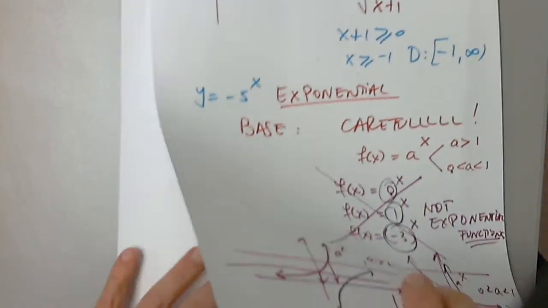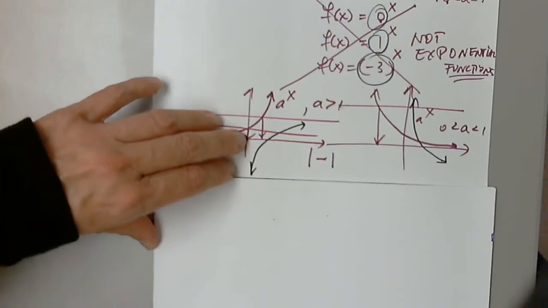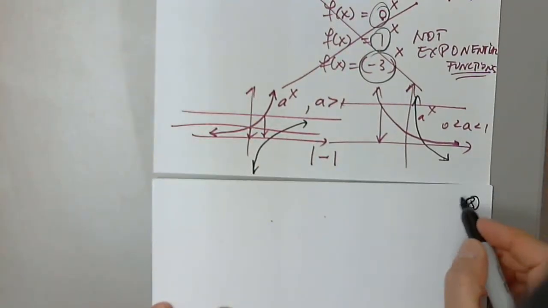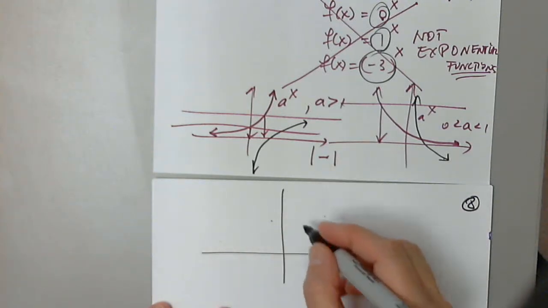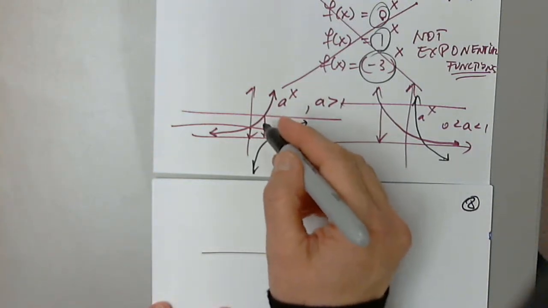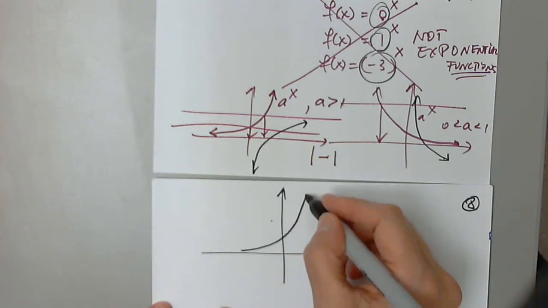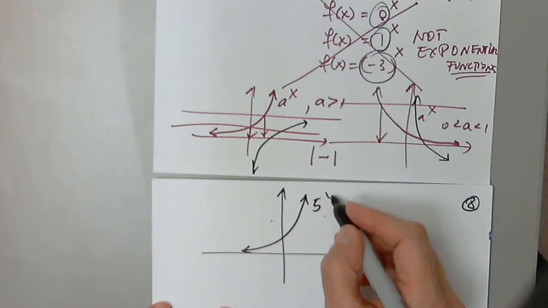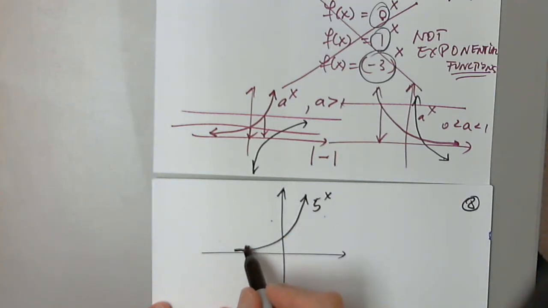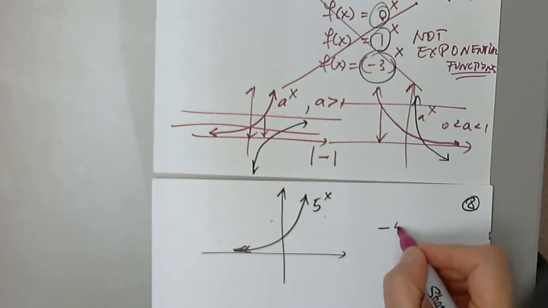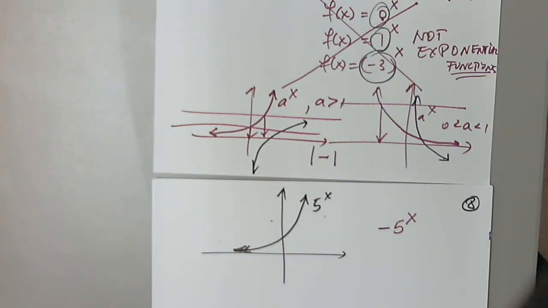So what transformation is that? So this is the graph of 5 to the x, like this. It continues forever. It does not touch the x-axis. But now, what transformation is this?